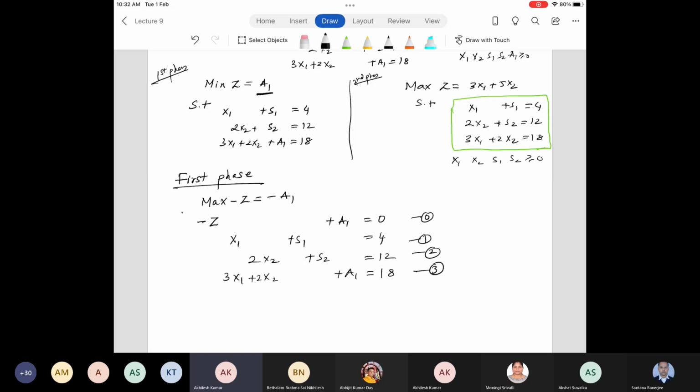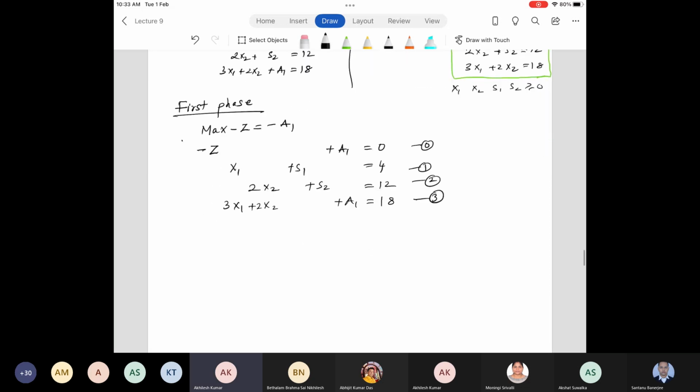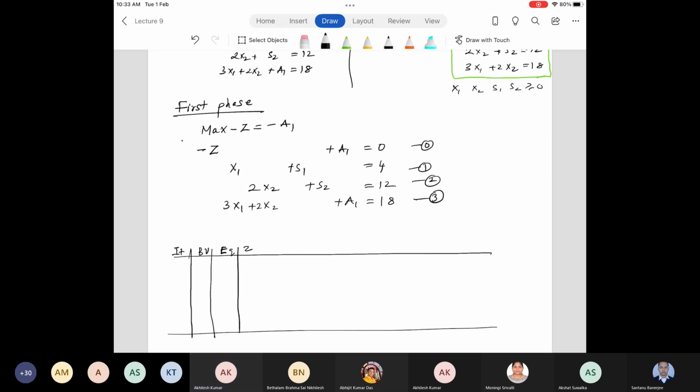Now, when you are trying to solve, you have got the equation. Can we set up our simplex table now? Iteration, basic variable, equation, G, RHS, X1, X2, S1, S2, A1.